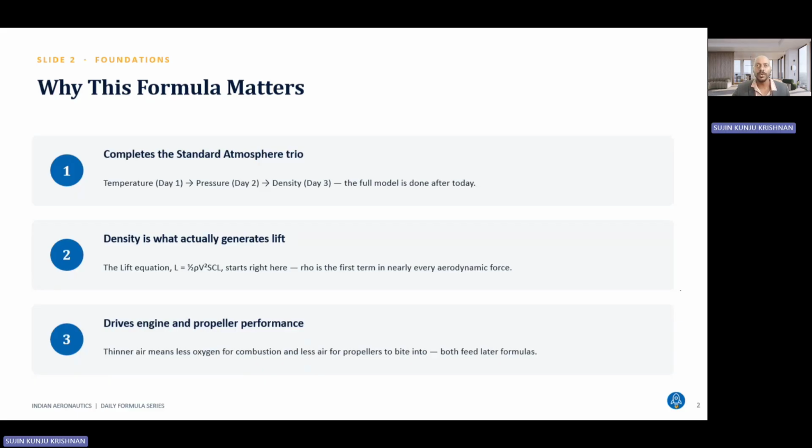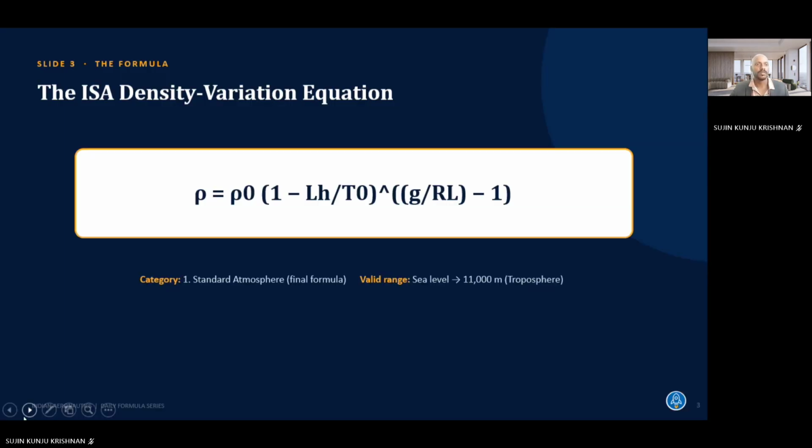So L, T0, G, and R are exactly the same constants we used on day one and day two. Nothing new to learn there. And H is altitude in meters, same as always. This is the ISA density variation equation.